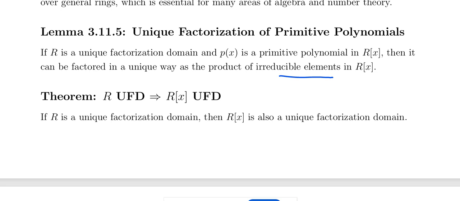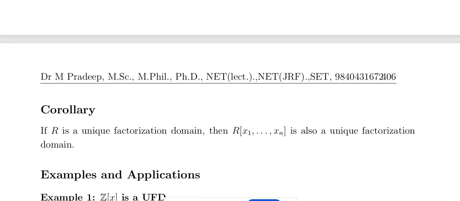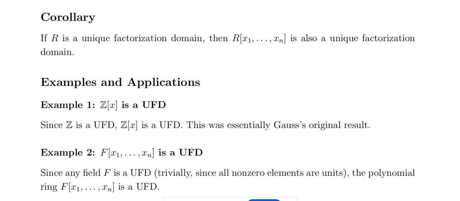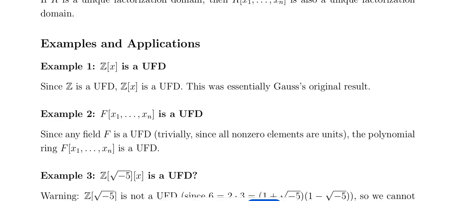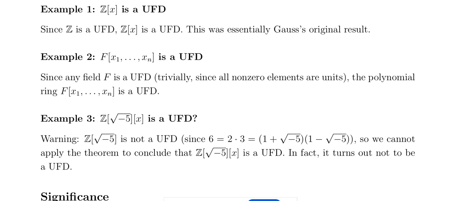Thus Z is a unique factorization domain, Z[x] is a unique factorization domain, F[x] is, and the polynomial ring F[x1, x2, ..., xn] is a unique factorization domain.